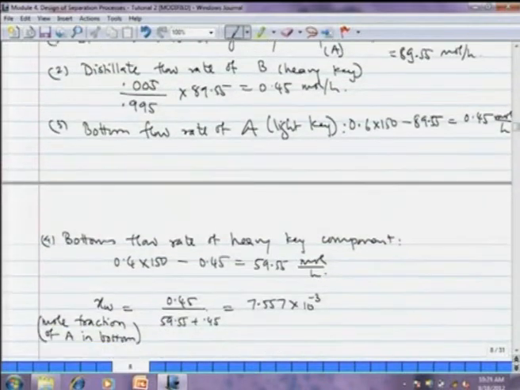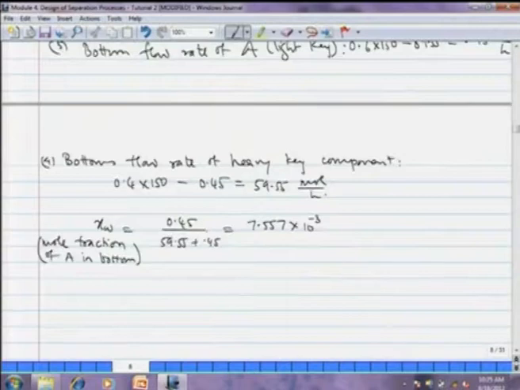The bottom flow rate of A, that is light key component, is total feed A, that is 0.6 into 150 mole per hour minus 89.55, that is 0.45 mole per hour. The bottom flow rate of heavy key component is the feed of B, 0.4 into 150.